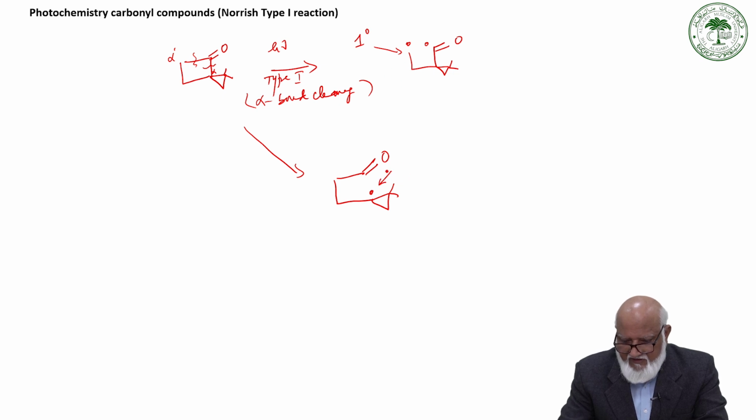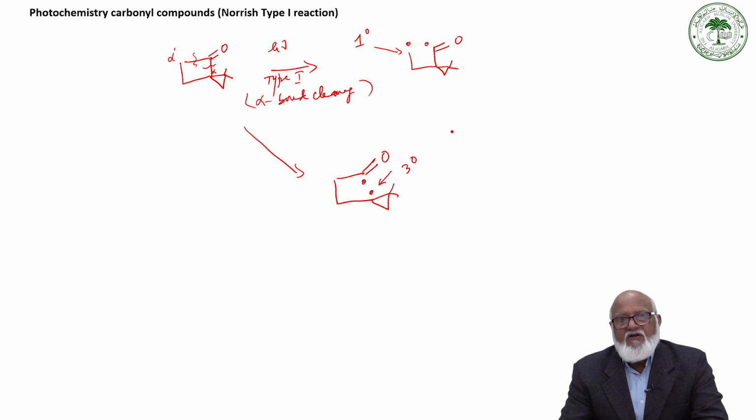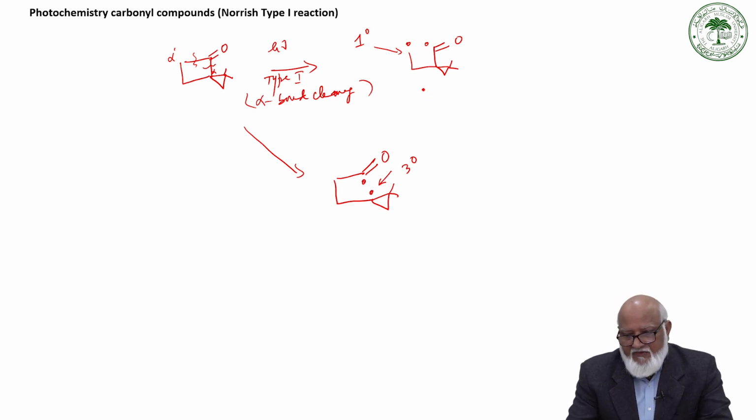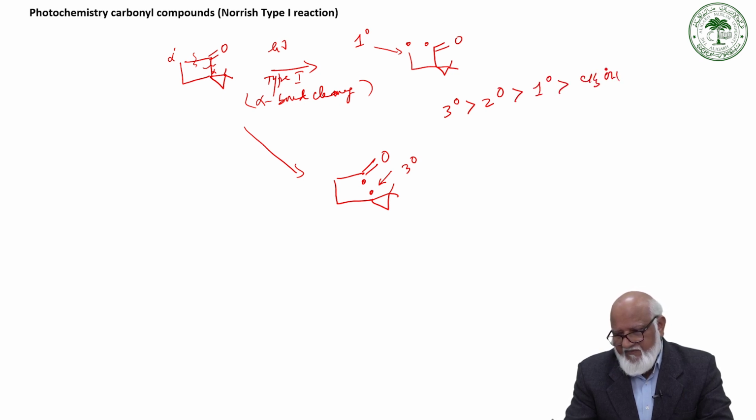This is a tertiary radical, and now we have to see the stability. We know that a tertiary radical is more stable than secondary, which is more stable than primary, which is more stable than a methyl radical.